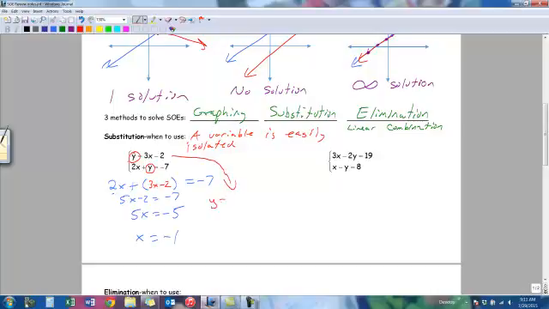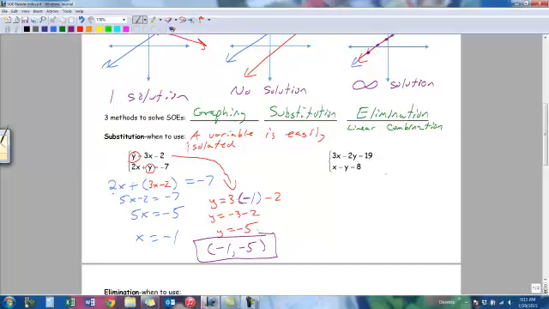So y is 3 times, well, x is now negative 1, minus 2. So y is equal to negative 3 minus 2, which is negative 5. However, remember, our final answer should be written as an ordered pair. So that would be that.